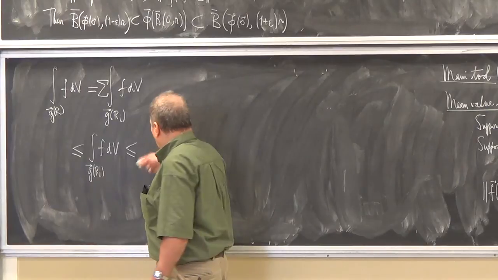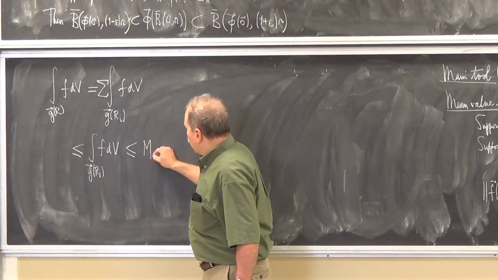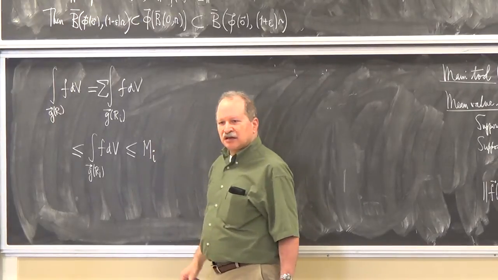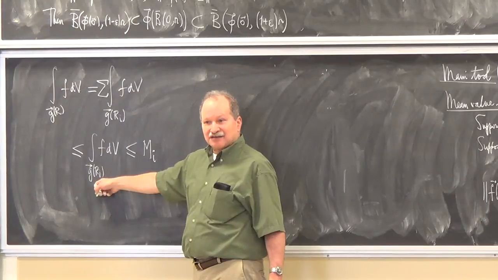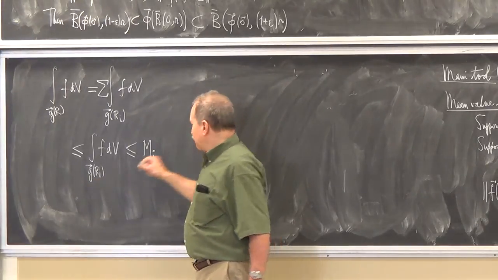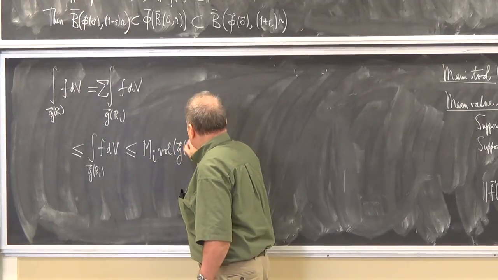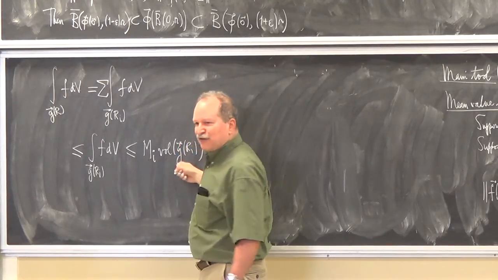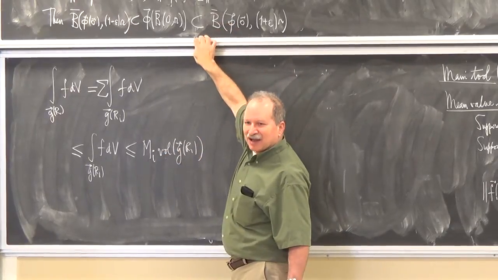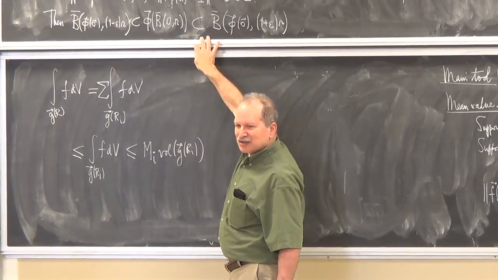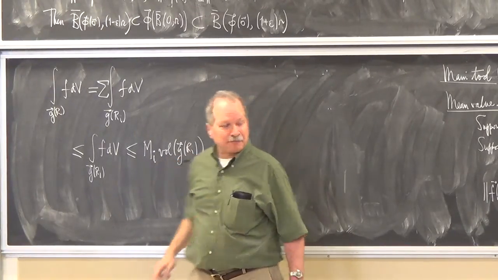But what do I know from homework you've done and from common sense? What you know is that the most this could be is the sup of f on that times the volume of that little piece. And you can start to feel, when I start writing that down, this stuff is going to come into play. That we're going to use the estimate on derivative to estimate how much volume there can be in that thing.